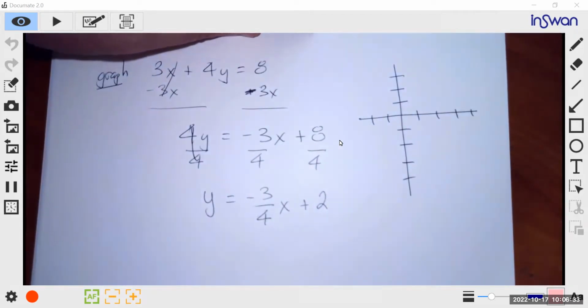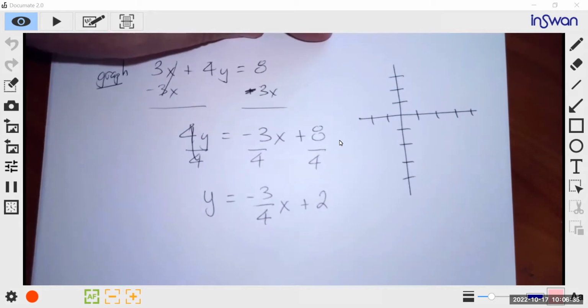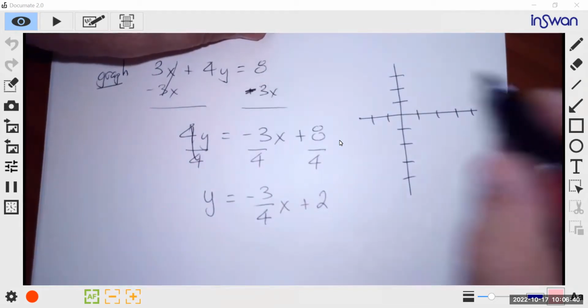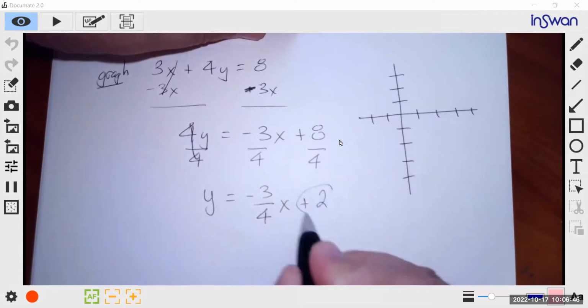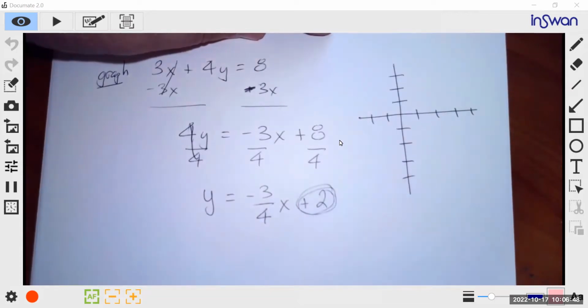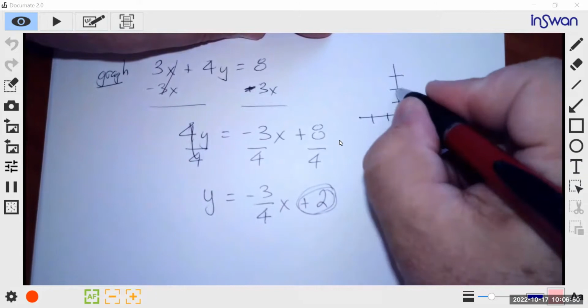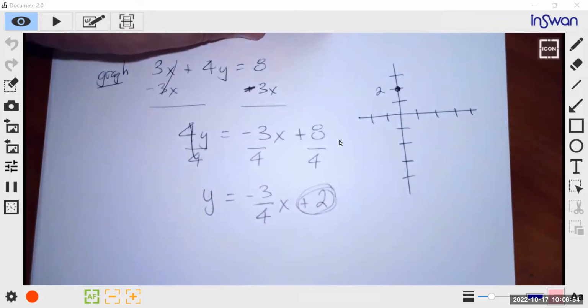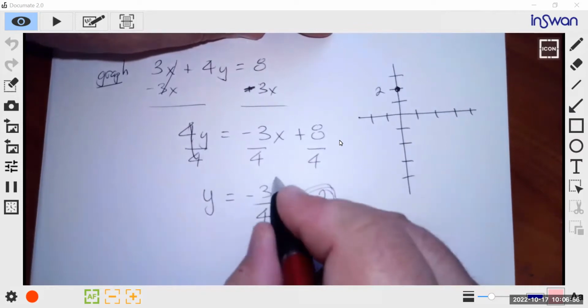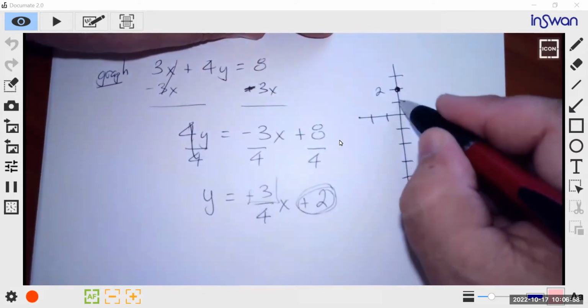All right, we solved for y. Now we have to graph it. Where do we start? Yeah, at the y-intercept. So the y-intercept is at 2.